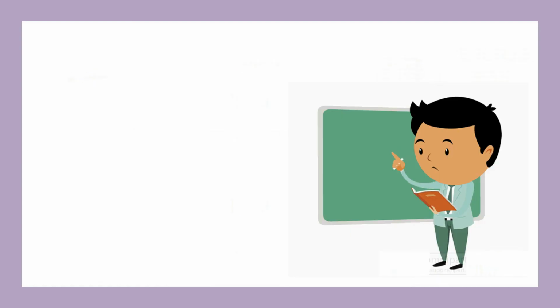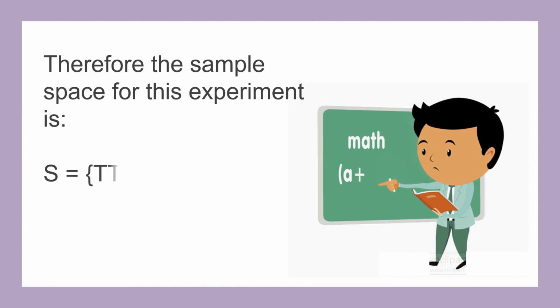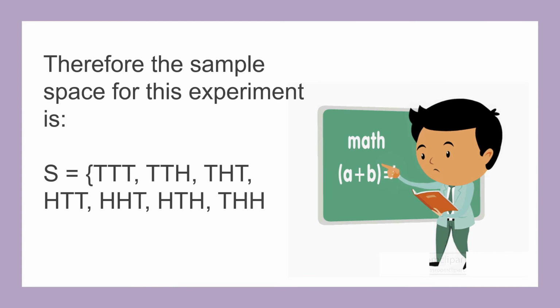Great! We are done showing the possible outcomes using the tree diagram. Therefore the sample space for this experiment is TTT, TTH, THT, HTT, HHT, HTH, THH, and HHH.